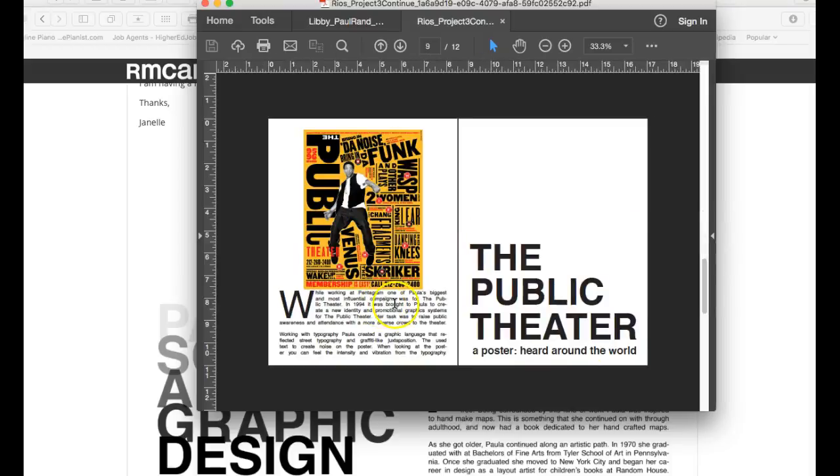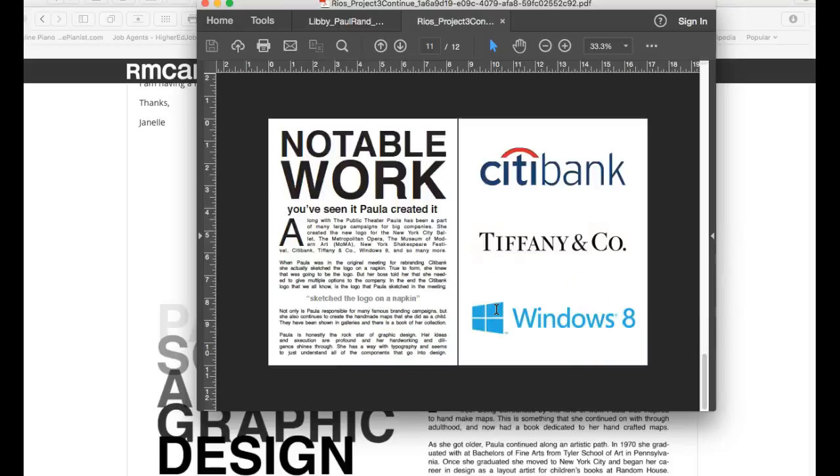Speaking of justified type, don't fall in love with justified type. Every time I teach type, I really have to get through to students that justified type is not the only solution, and it's very rarely the right solution.